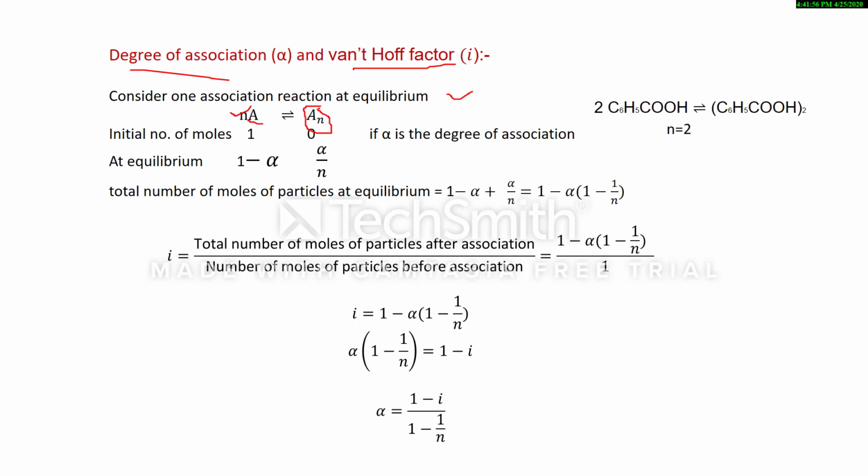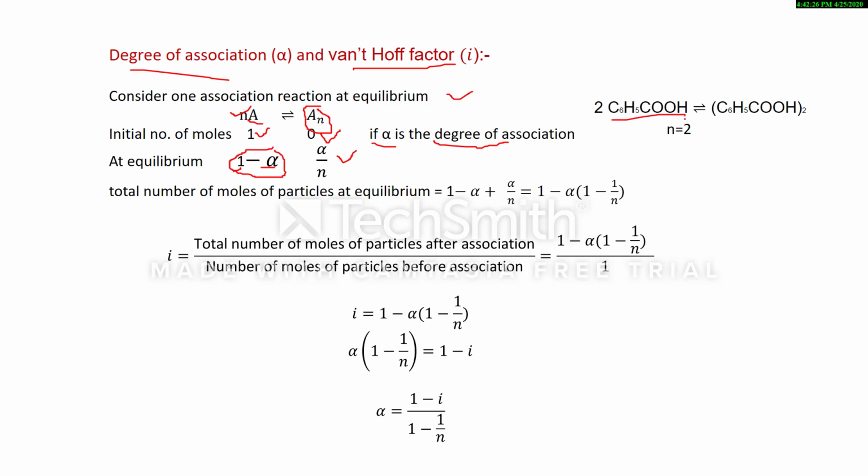And if you assume that a fraction of molecules are associating, which is represented by alpha, that is the degree of association. So initially we are having the number of moles as 1, and when there is no reaction, product is 0. If alpha is the degree of association, meaning out of 1, alpha are associated, then at equilibrium the remaining moles of reactant is 1 minus alpha, and for product this will be alpha by n.